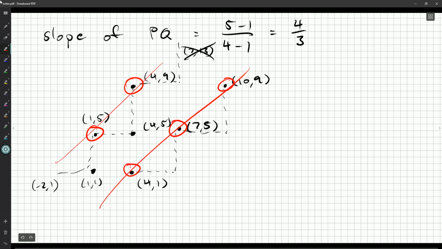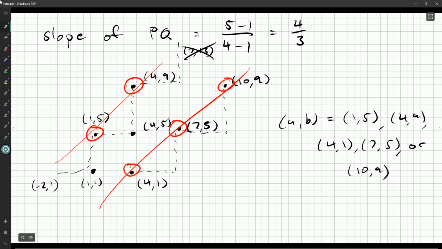So these are on those parallel lines. Everything works out. So we could summarize by saying (a, b) is (1, 5), (4, 9), (4, 1), (7, 5), or (10, 9). And I'm confident with how that worked out.